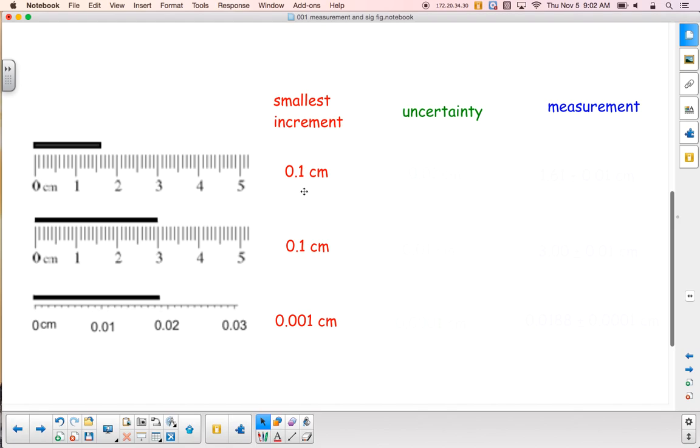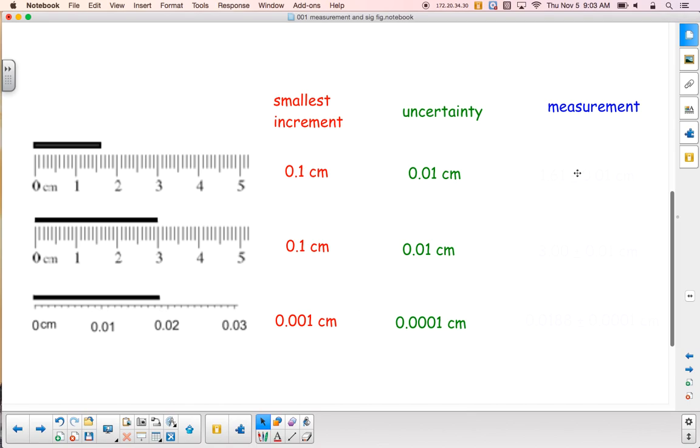So if my smallest increment is the 10th of a centimeter, 10% of that is 1/100th of a centimeter, and so I have an uncertainty of 1/100th of a centimeter on the first ruler and also on the second ruler. The third ruler has much, much smaller increments. They have increments to the nearest thousandth of a centimeter. So my uncertainty here is 10% of that, or the nearest 10,000th of a centimeter.